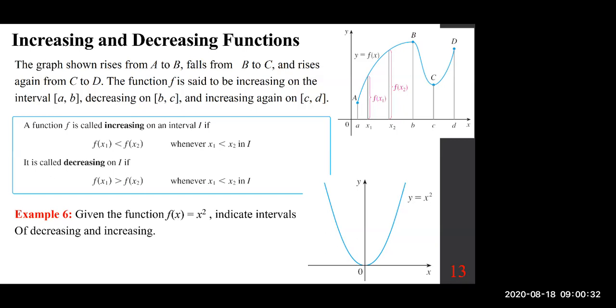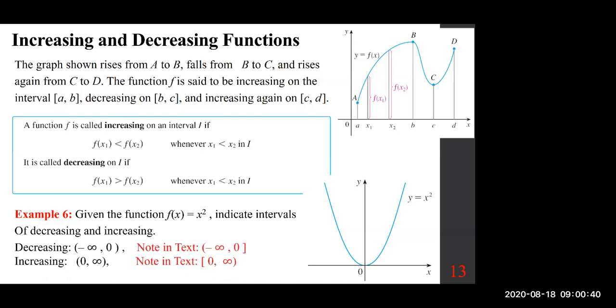The function goes from negative infinity to positive infinity; from negative infinity to 0 is decreasing, from 0 to infinity is increasing. So pay attention to my notation. I don't like to include the 0 in any of it, whereas your text does. To get full credit for your homework, you probably want to stick with what your text does.